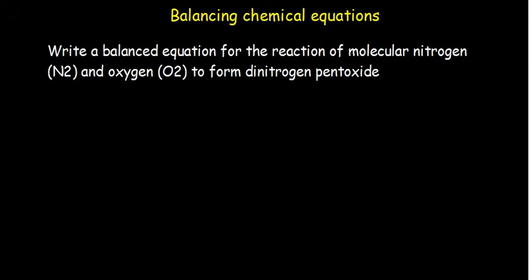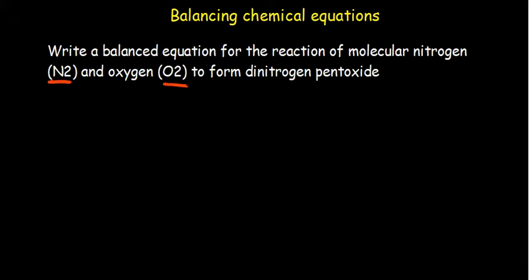So we'll introduce how to balance basic simple chemical equations. Write a balanced equation for the reaction of molecular nitrogen and oxygen to form dinitrogen pentoxide. I believe that at this stage we already understand that nitrogen exists diatomically as given, as well as oxygen.